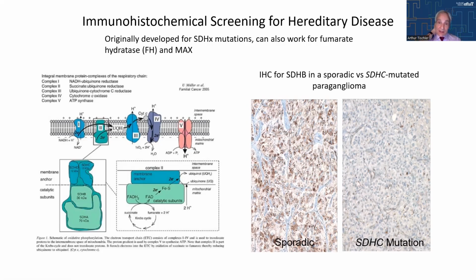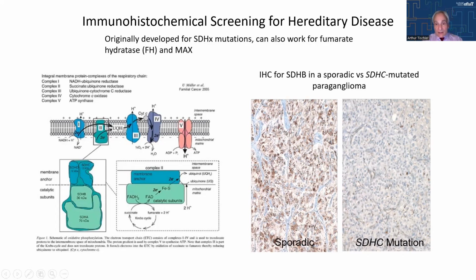So the loss of SDHB staining in the tumor cells serves as a surrogate in many, many patients for the presence of any germline SDH mutation, including the SDH epimutation that may occur in Carney triad.